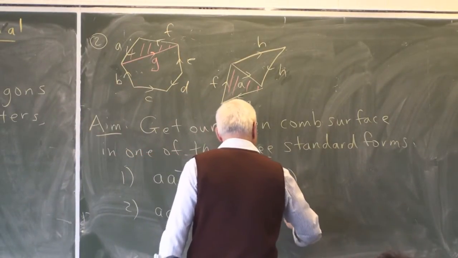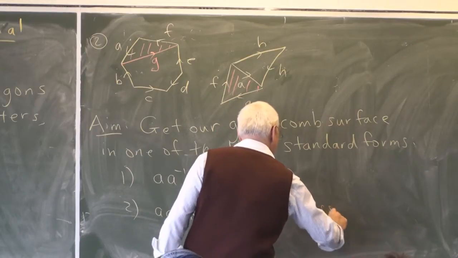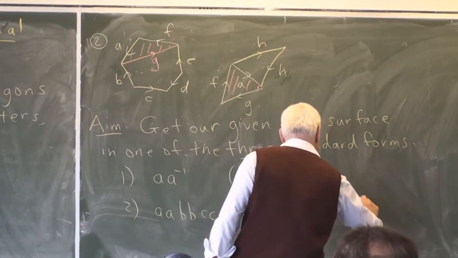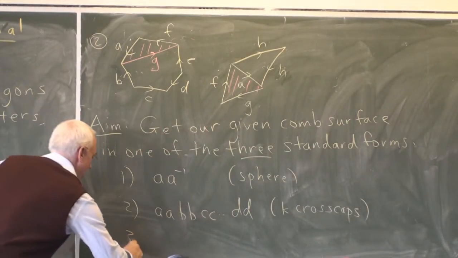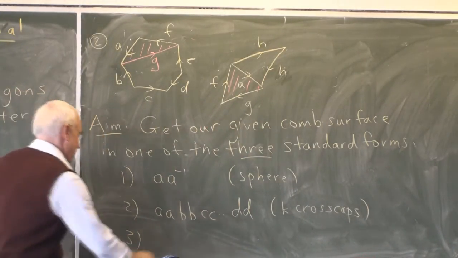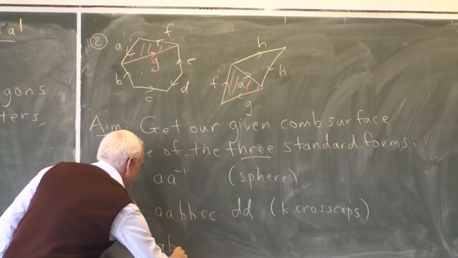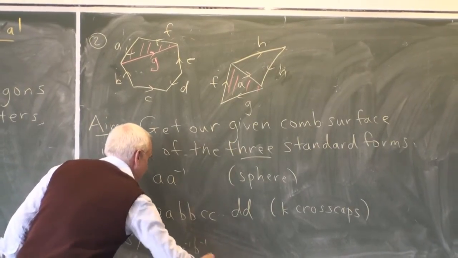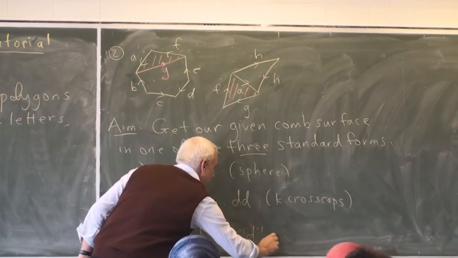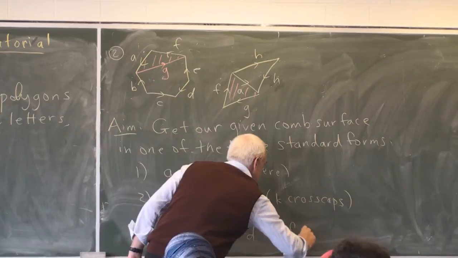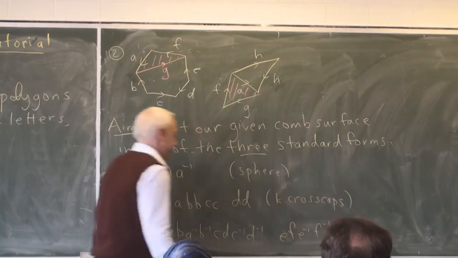Here we have maybe K cross caps, depending on how many pairs we have, or a bunch of handles, things with the form A, B, A inverse, B inverse, C, D, C inverse, D inverse, up to possibly E, F, E inverse, F inverse.